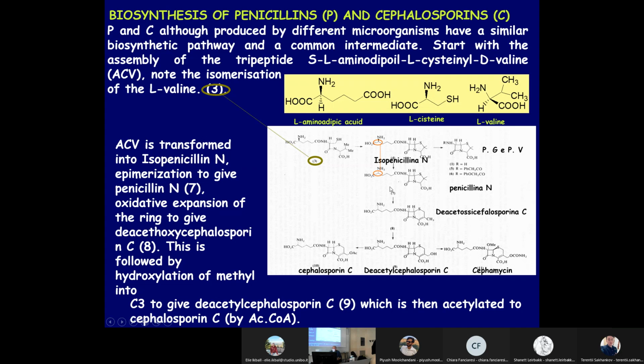So the first part of this pathway is related to the formation of penicillin N. After that, there is an expansion of the thiazolidine ring, the five-member ring, to a six-member ring. And in this way, we have cephalosporins. So cephalosporins derive from penicillin.